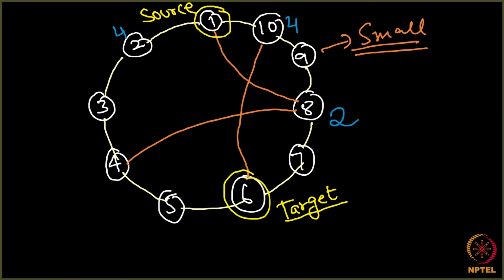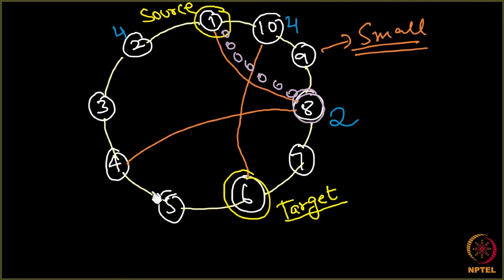So what will happen according to the decentralized search, or the myopic search? Node 1 will pass on the letter to node 8. Now node 8 has the letter, and it looks at all of its neighbors. Node 9, whose distance from the target is 3. Node 1, whose distance from the target is 5.